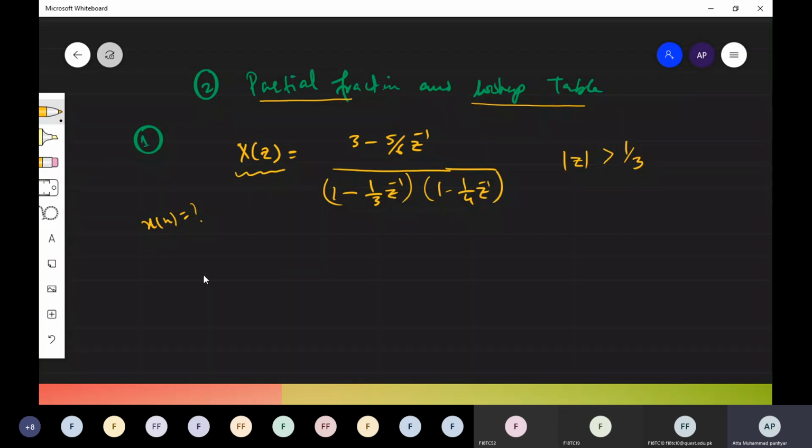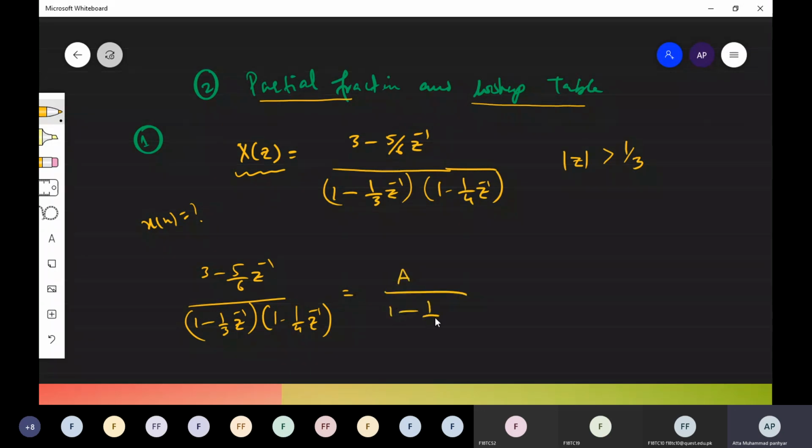So what does that mean? For example, if we have 3 minus 5 upon 6 z inverse, upon 1 minus 1 upon 3 z inverse and 1 minus 1 upon 4 z inverse. If we break it into partial terms, we break the denominators into sums.